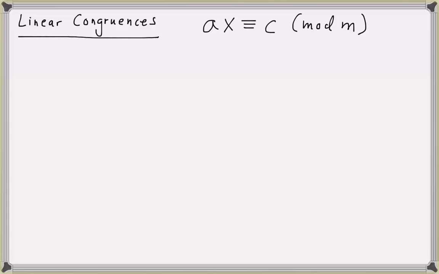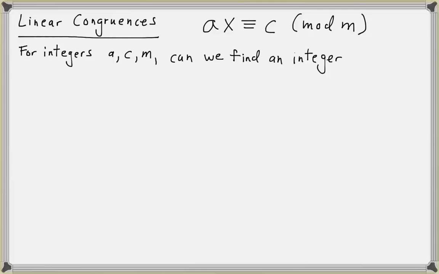The question we're interested in is, for integers a, c, and m, can we find a solution, find an integer x such that ax is congruent to c mod m.